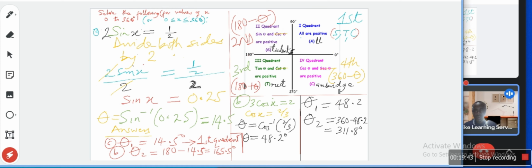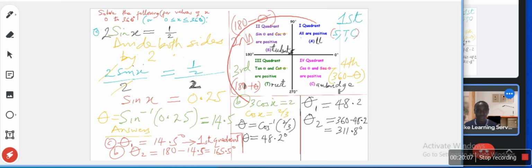Now, if you are given 2 sin x equals 1/2, divide both sides by that number to have only sin x. When you get sin x, like sin x is 0.25, find the angle, which of course is sin inverse of 0.25. That gives you 14.5. That's the theta. Then you look for where sine is positive, because the value given here is positive.